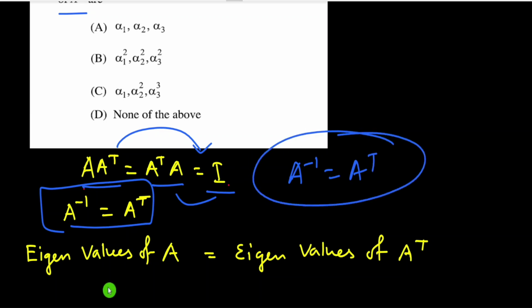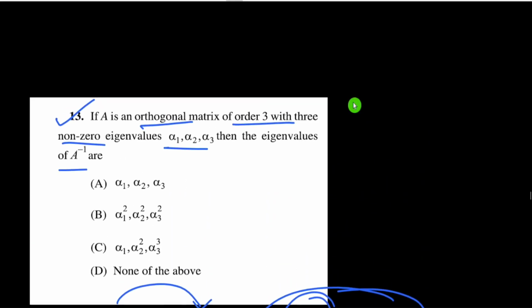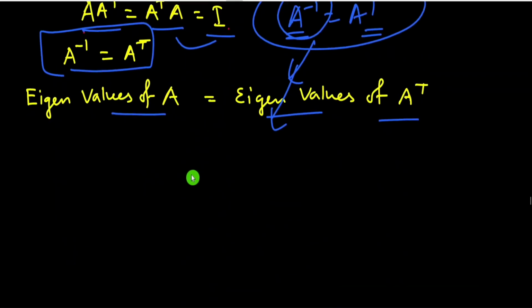Now we have a result that the eigenvalues of A equal the eigenvalues of A transpose, and from this we have eigenvalues of A inverse equal eigenvalues of A transpose. Therefore the eigenvalues of A inverse are the same as the eigenvalues of A. So clearly these three are also the eigenvalues of A inverse.